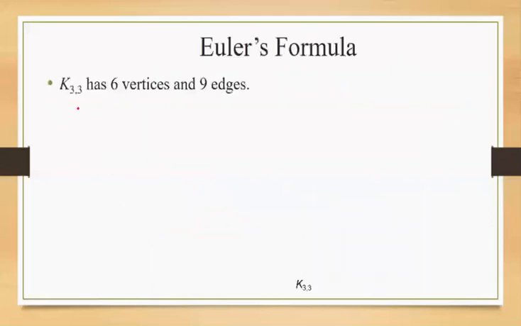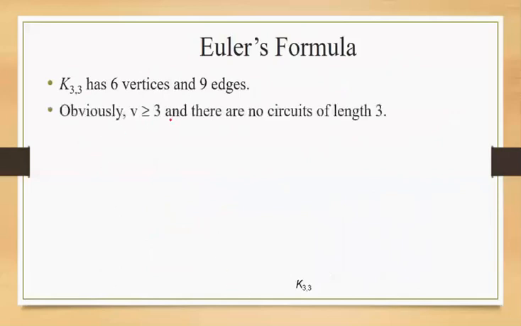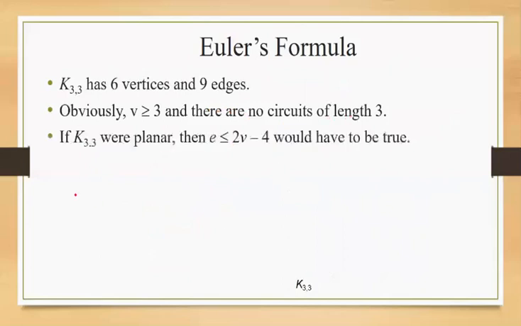So K33 has 6 vertices and 9 edges. Obviously V is greater than or equal to 3 and there are no circuits of length 3 in our bipartite graph. If K33 were planar, then E is less than or equal to 2V minus 4. Basically, we have 3 corollaries based on the theorem. The first one is E should be less than or equal to 3V minus 6.